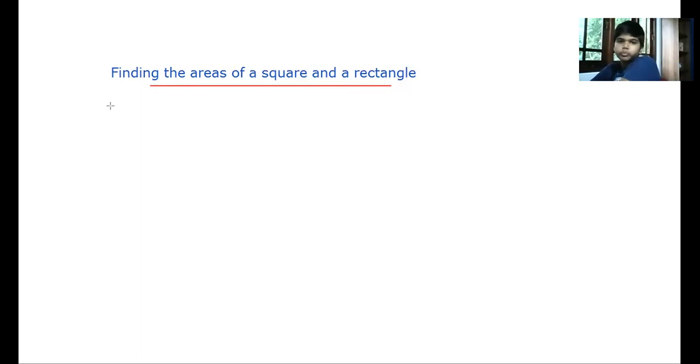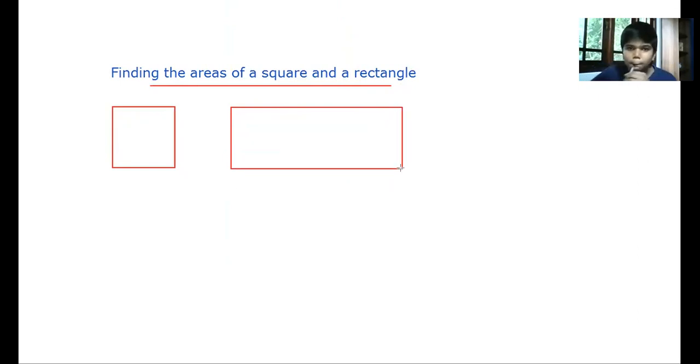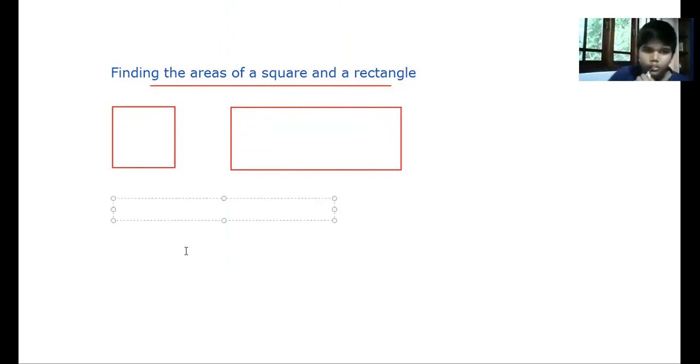First, I'm going to draw the figure of a square. Then I'm going to draw the figure of a rectangle. Okay, you look at how we find the area. There's a formula: area equals length multiply breadth, right?